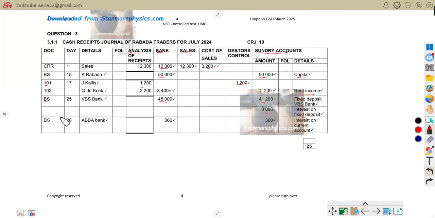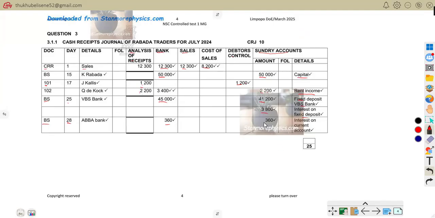So as you can see, it is on the 28th, we have BS as our document. So it was on the 28th, we have ABBA Bank. So this money is going to go into the bank, like we've said, and then we go to sundry accounts, because we don't have a column for interest income.